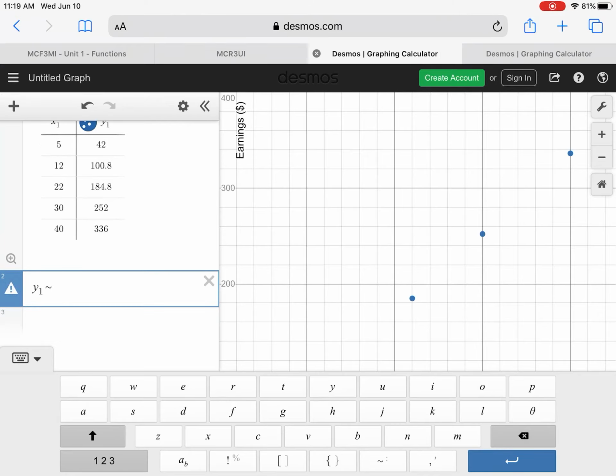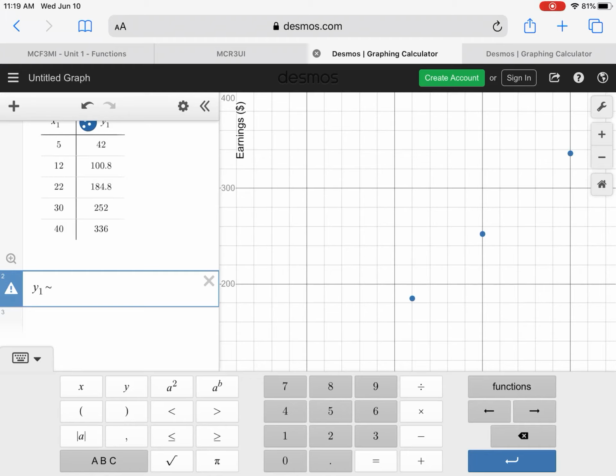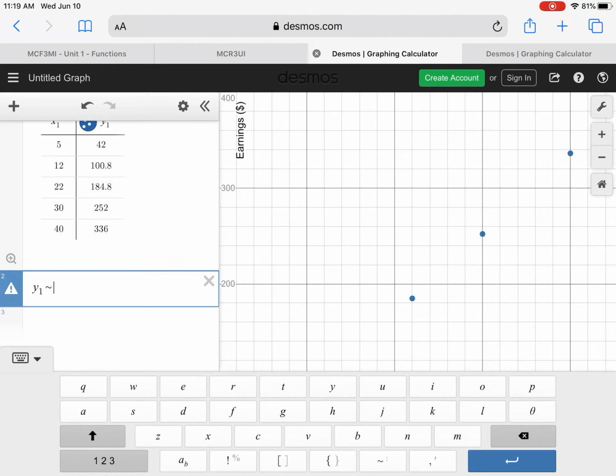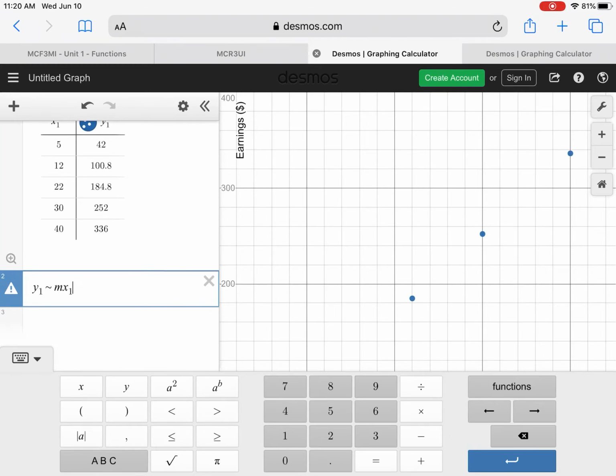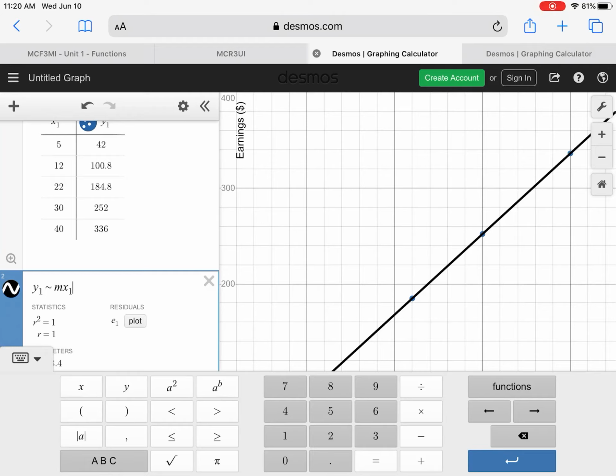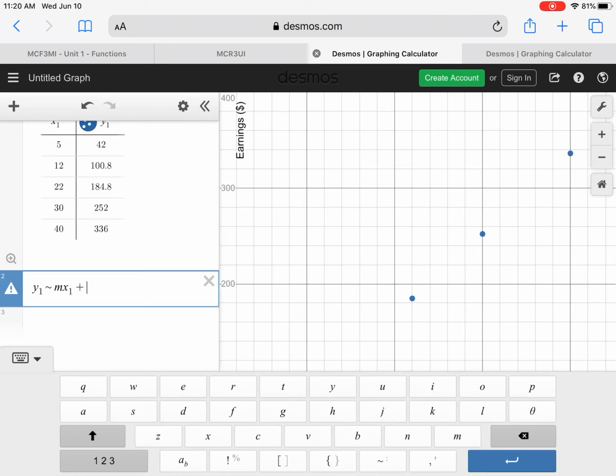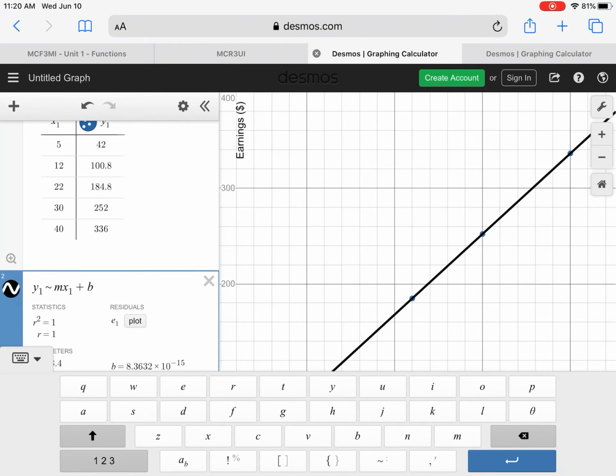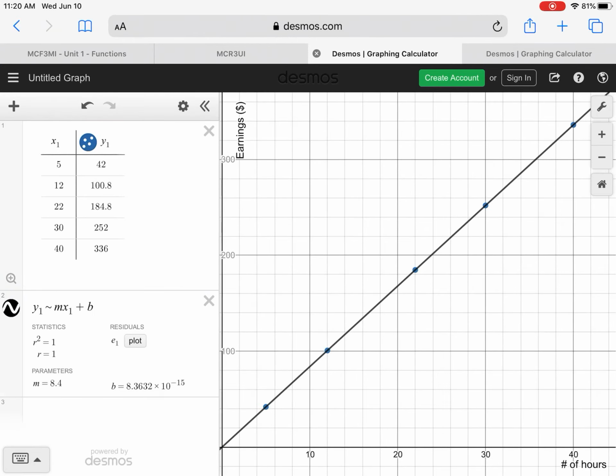That's what our y-axis is labeled as, so we have to specify that, y1. Next, we're going to put our approximate sign in. And if you click on the ABC here, you'll notice at the bottom, we have our approximate sign. So we're going to put that in there. And we're also going to put our mx1. So we also have to put a 1 in there to say we're pulling from list 1 above, and plus b.